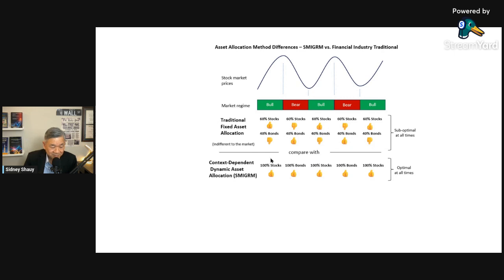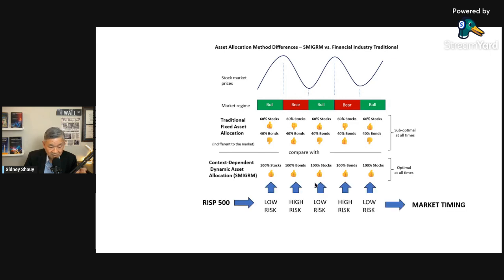Okay, but with the context-dependent dynamic asset allocation, what we're going to do is change the allocation according to the market regime. So if we're in a bull market, we're going to go 100% stocks, and when it's a bear market, we're going to go 100% bonds. And the RISP 500 indicator is going to orchestrate the rotation.